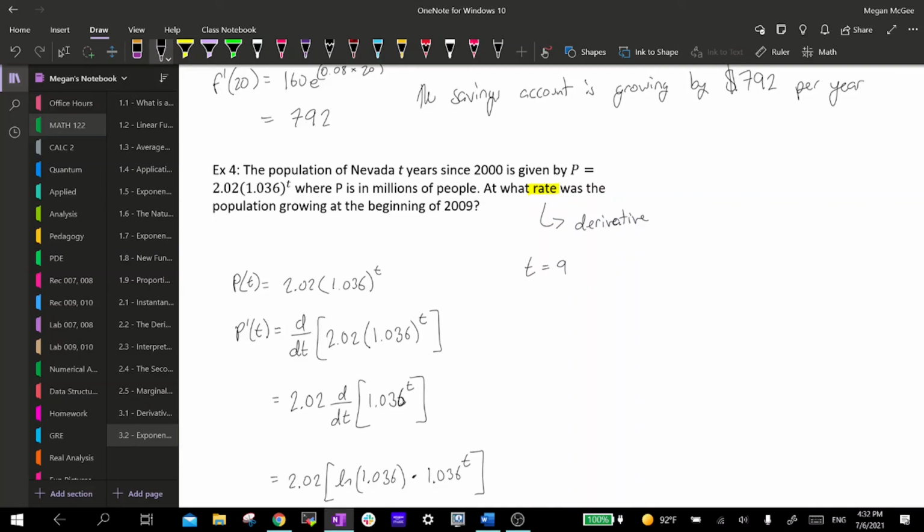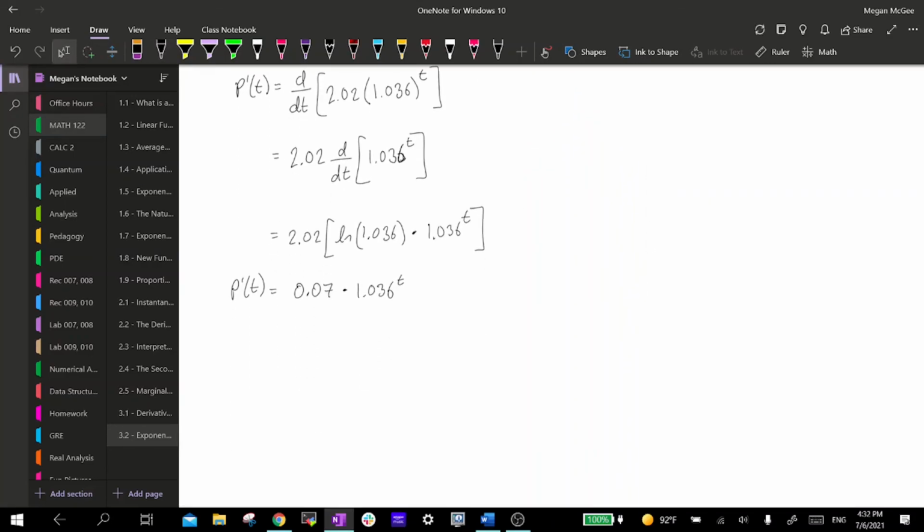So if we calculate this rate of change at t equal to 9, that should give us how fast it is growing during the year 2009. So we need to evaluate at t is equal to 9. So we have the derivative p prime of 9, which is 0.07 times 1.036 to the 9th power.